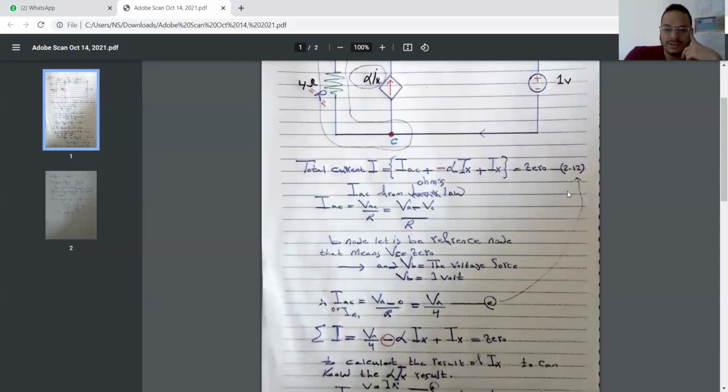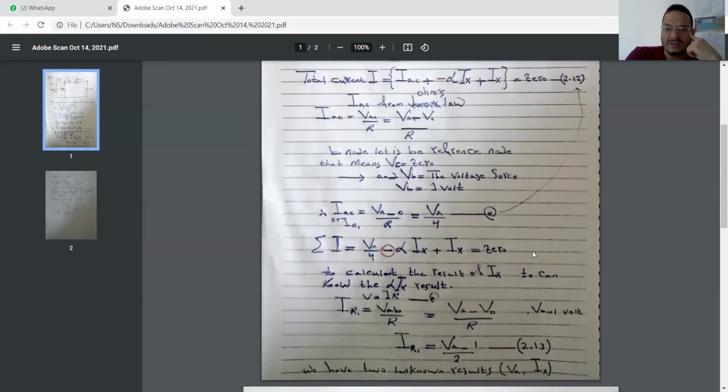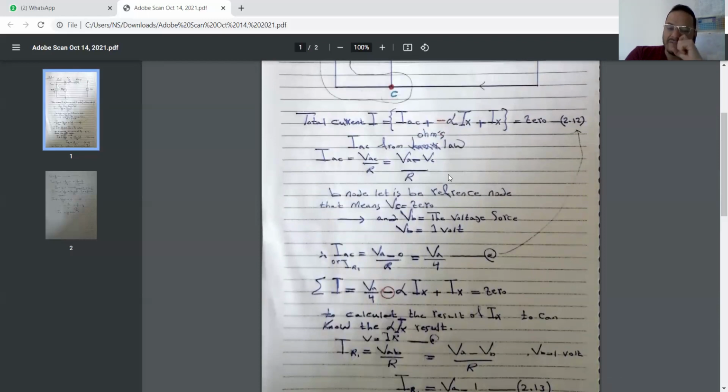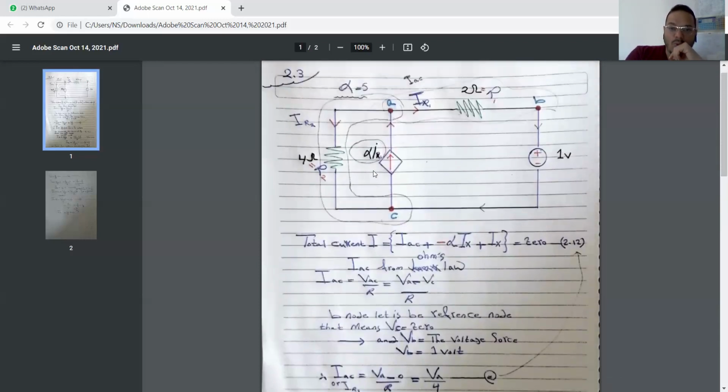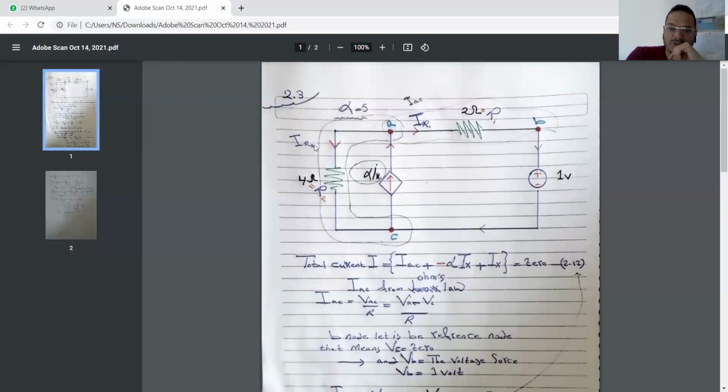Now, let's keep going. VB, the voltage source, equals 1 volt. IAC equals VA divided by 4. Here we have two unknown elements, VAC and VA. Let's keep going. What do we have? We have the total current equation. Let's see what that means. That means here the summation of currents equals IAC, the first one.